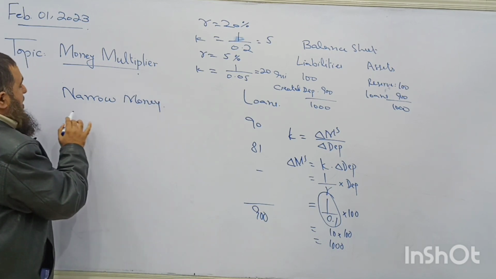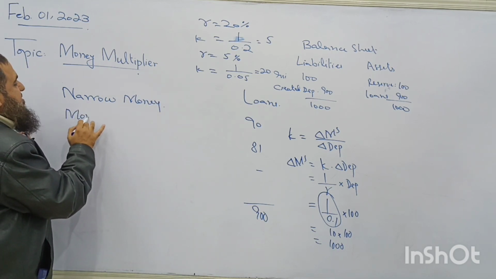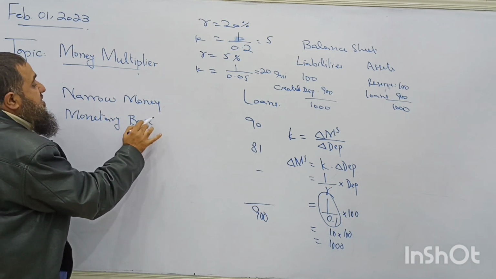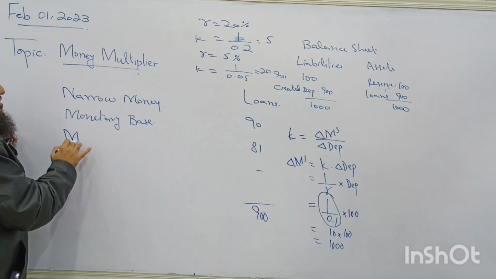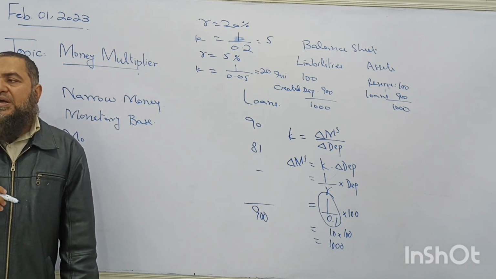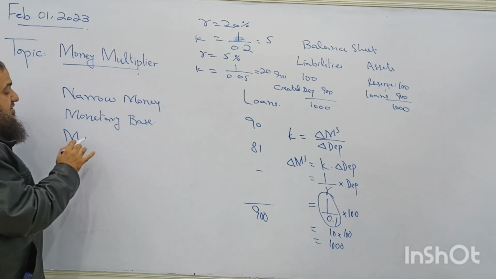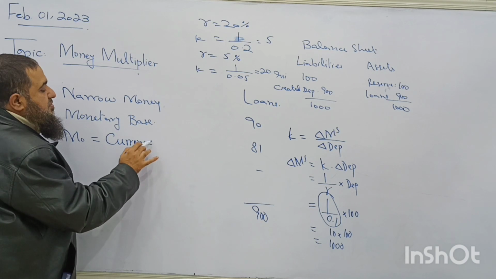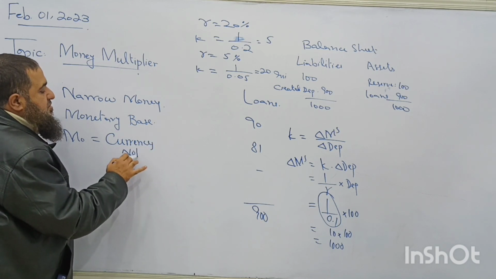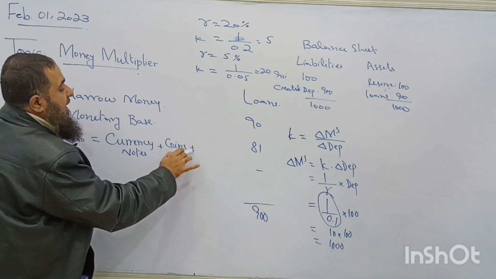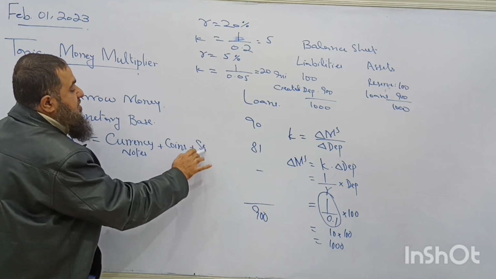This is also called monetary base. This is denoted by M0, or some of the books are writing it as M1. So it is the currency notes in circulation, plus coins, plus sight deposits.